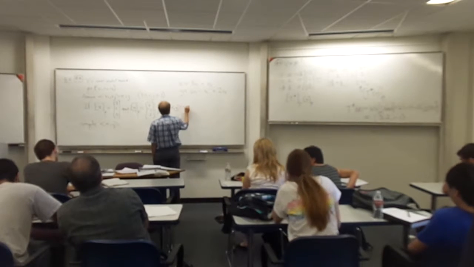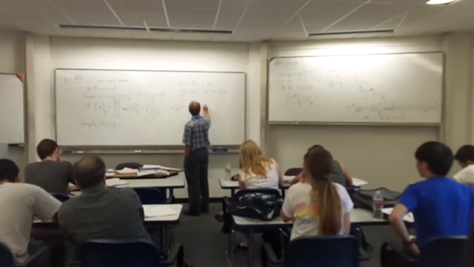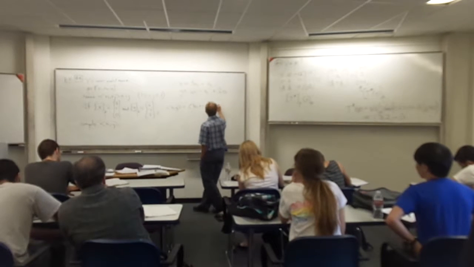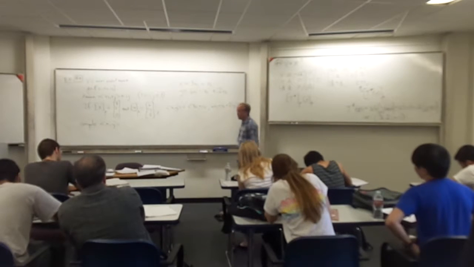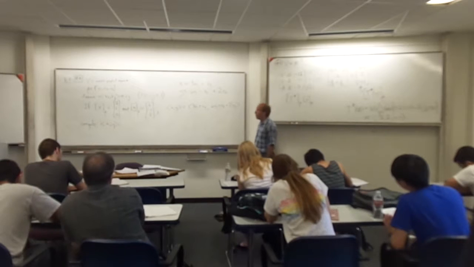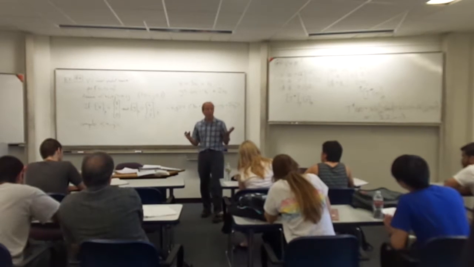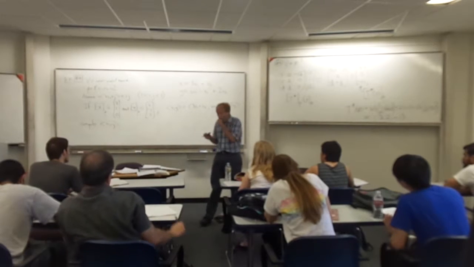Inner product of x with y, I'm going to take the inner product of 3v1 plus v2 with 6v1 minus v2 plus 2v3. And I have my axioms of an inner product that allow me to sort of bust this thing apart.